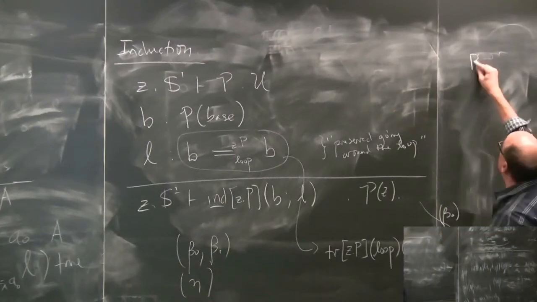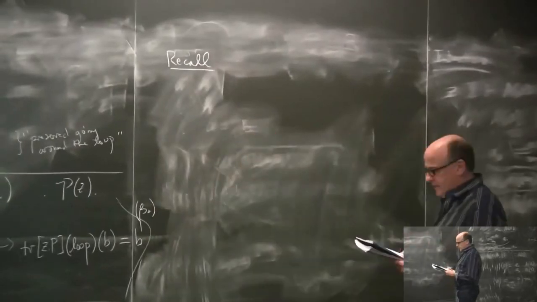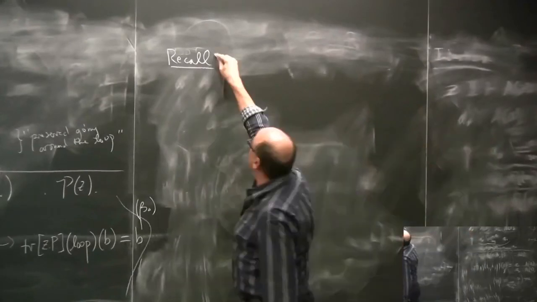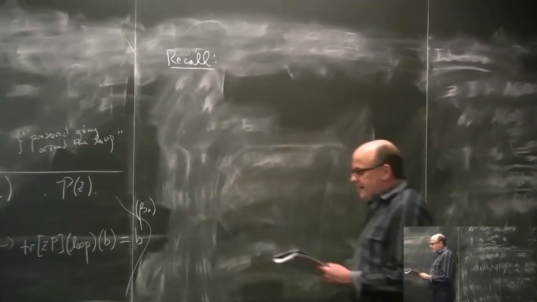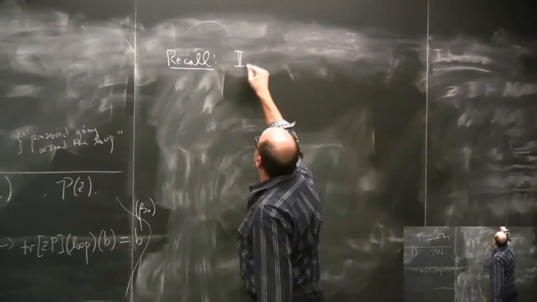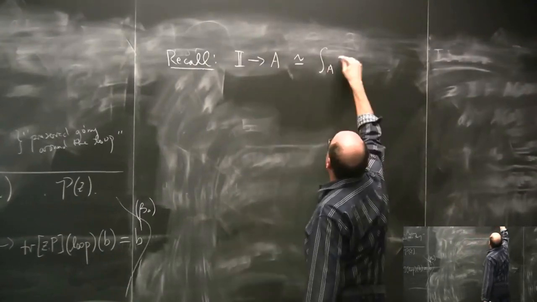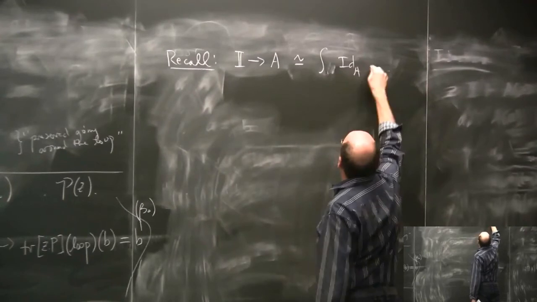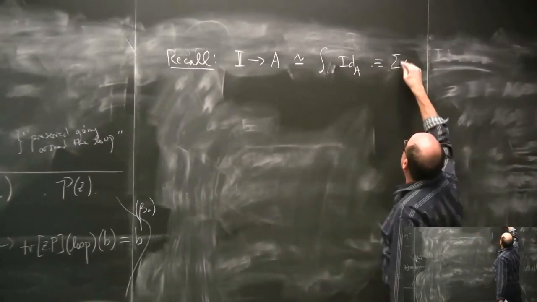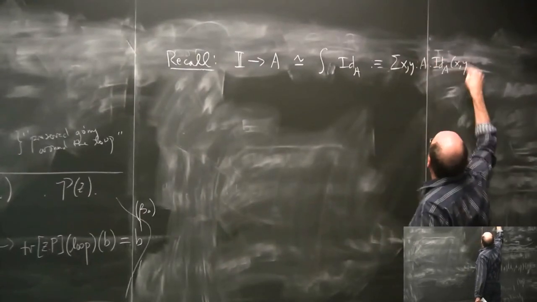So recall we showed, and I put a follow-up post on Piazza the other day about this as well, a couple of weeks ago, we said the nice thing about the interval is that you can use the interval to characterize the total path space of A, which was by definition the sum over x and y in A of the identity type Id_A(x, y).